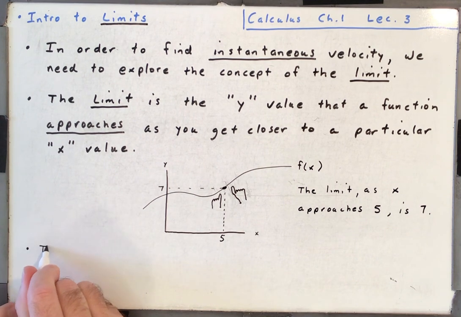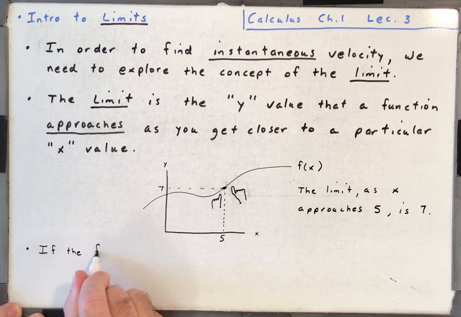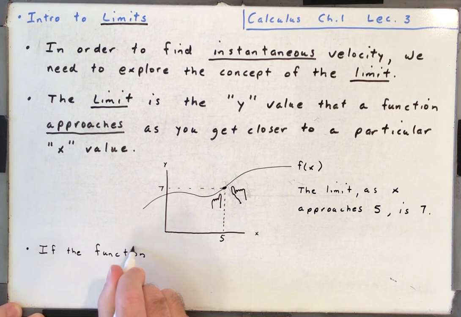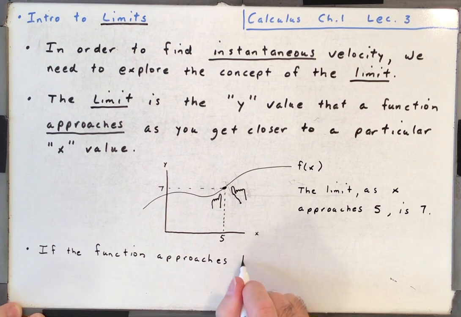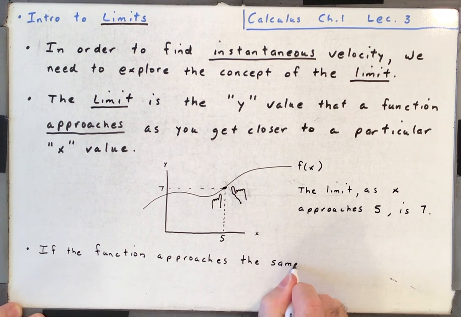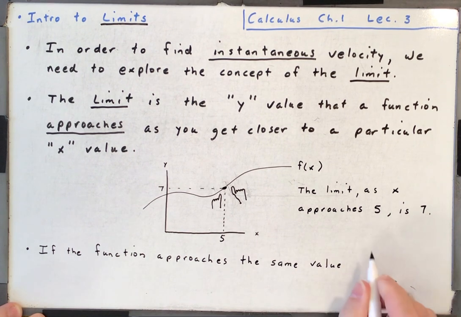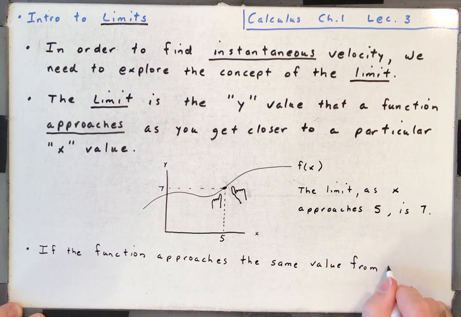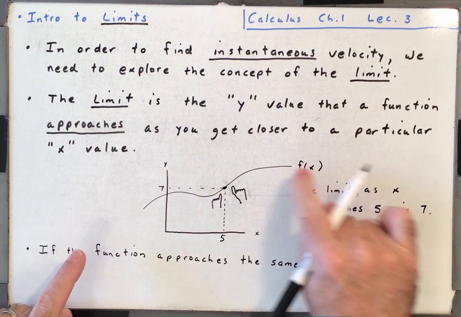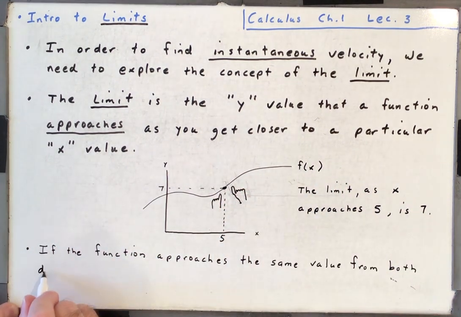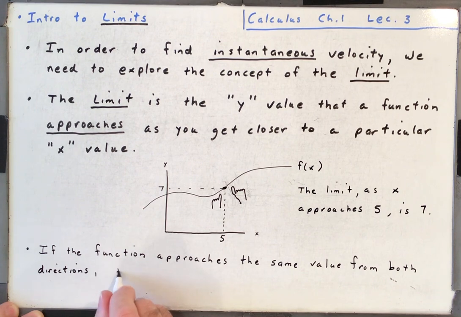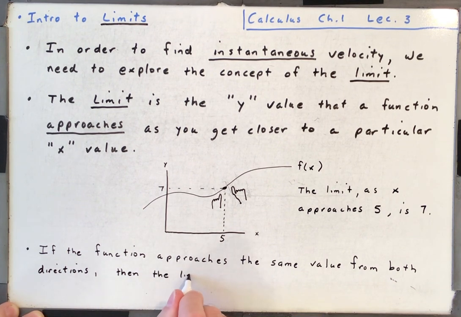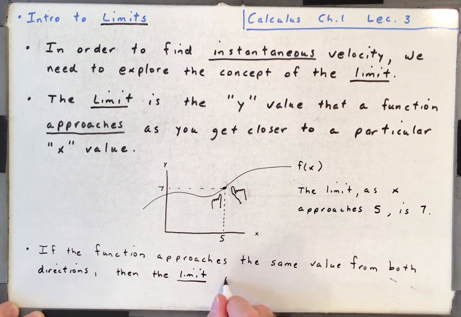So let me write another bullet here, and then I'll erase all this. If the function approaches the same value from both directions, from the right or from the left, then the limit of the function is that value.